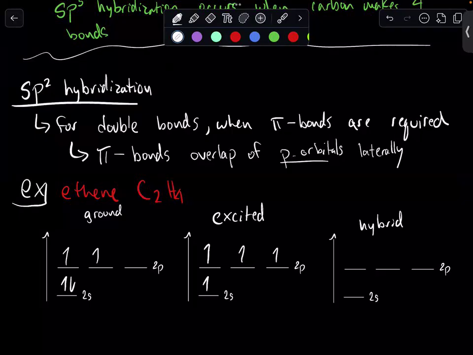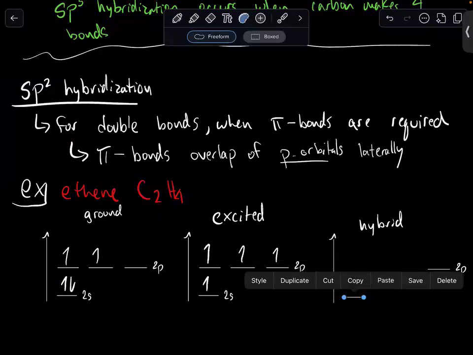And what ends up happening is our 2p is going to remain exactly at the level it is because we're going to have one pi bonded orbital. However, our s orbital is going to go away and we're going to create our hybrid orbitals. So we'll go ahead and move these guys around somewhere intermediate.